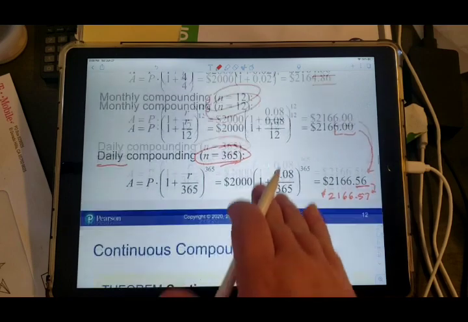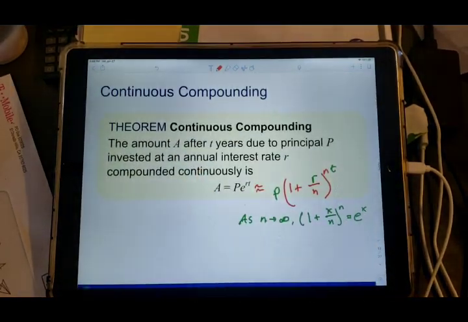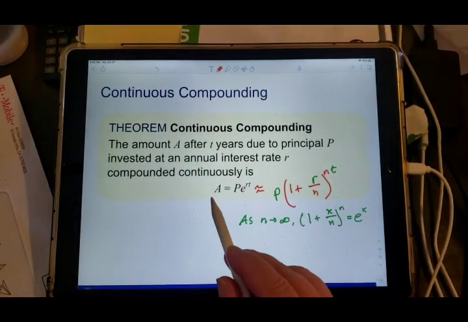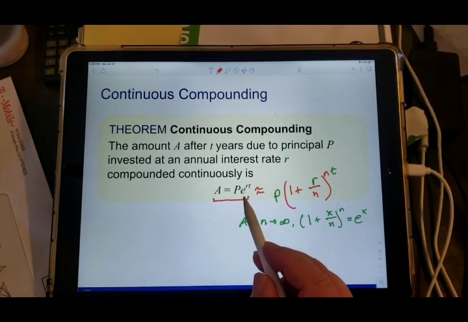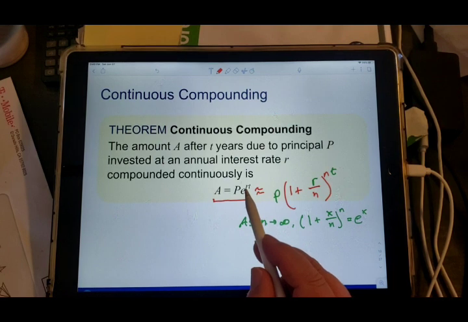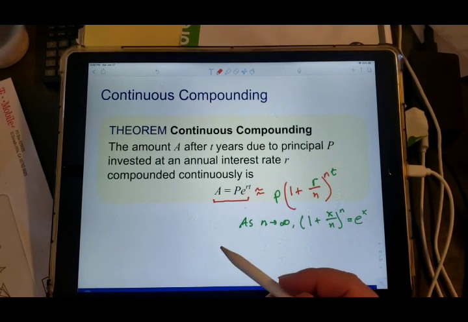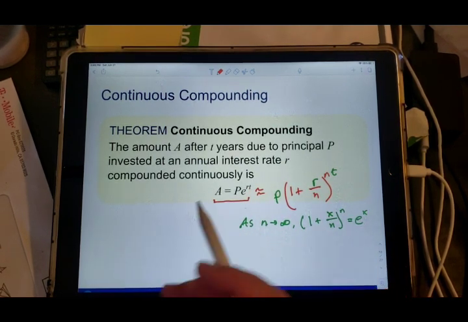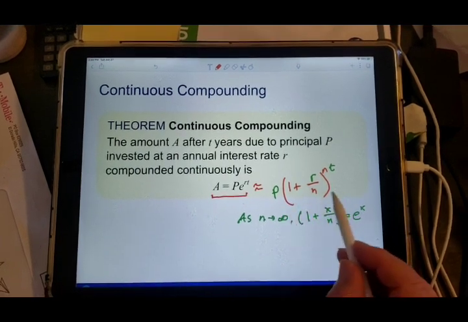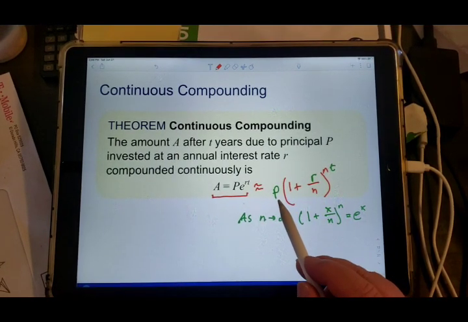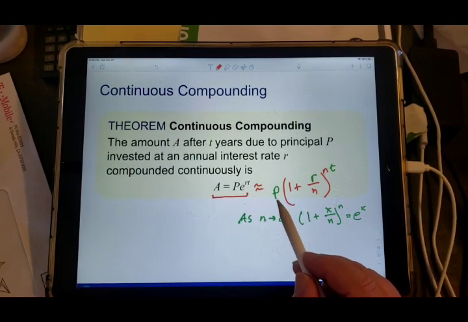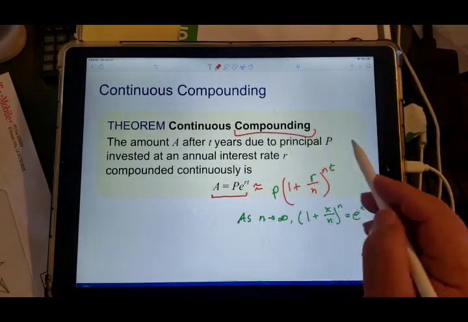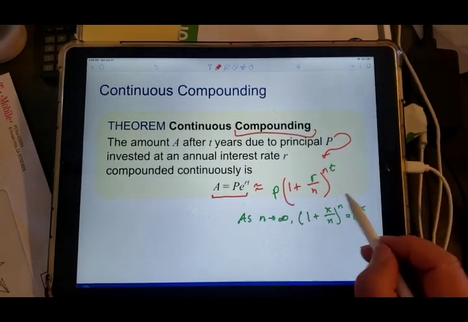So let's talk about compounding continuously. We have this formula, and it's a nice formula, and it's kind of why it's here. It's got e in it. It's got exponents. It's got a lot to it. In a way, it's a simpler formula than the one I had before, which I just wrote here. The formula for compounding not continuously, but the regular compounding formula for n times a year, is this.